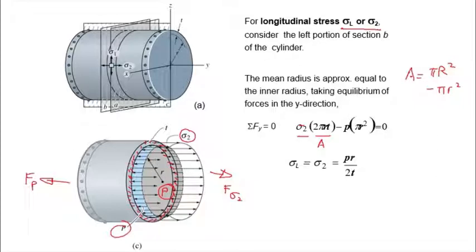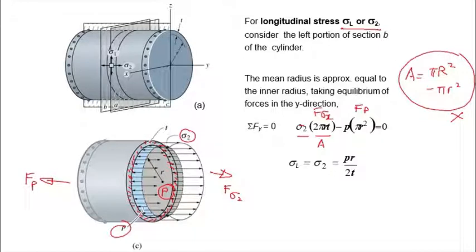So we don't want this. It has been proven that this is not required because the error is 4% or less. And Fp here is F sigma 2, okay?